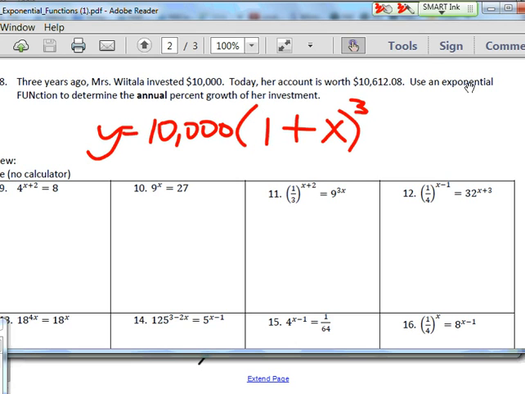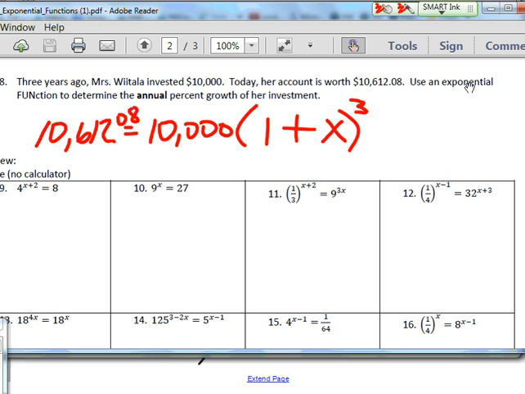So I could put that. That's a 3. Where the heck do I put the 10,612? The y. Because you can't put it here. That's where the growth rate is going to go. You can put it here, though. 10,612 equals that. And then you solve that equation.